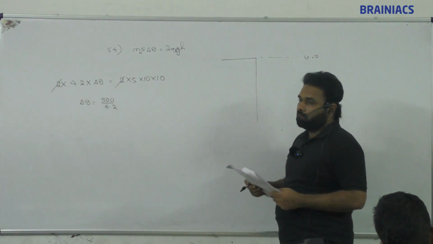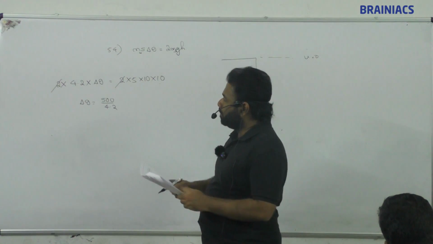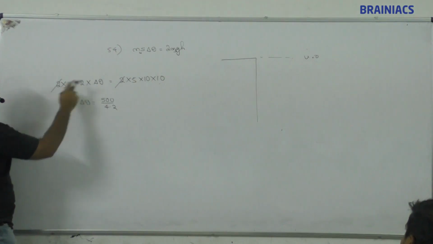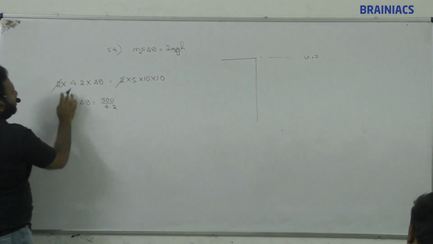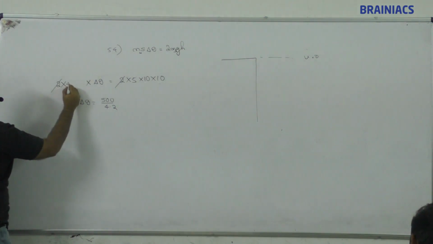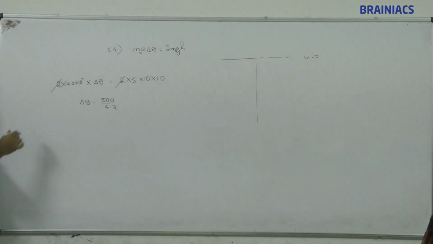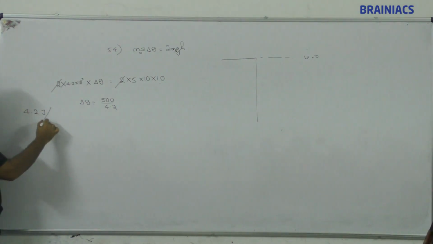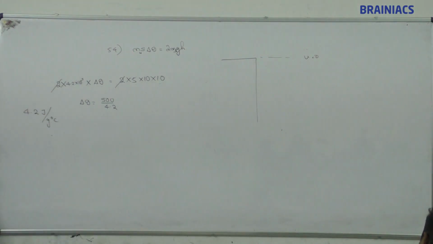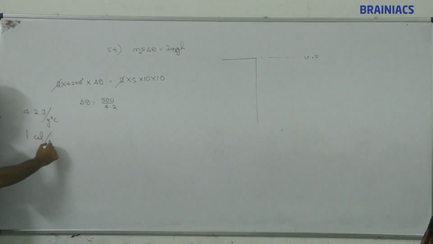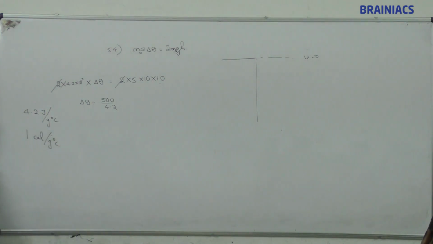How much? 4.2. Okay, this is for gram. So actually 10 raised to 3 is there. You need to multiply here 4.2 into 10 raised to 3. So this is 4.2 joule per gram per degree centigrade, the specific heat capacity. We need to convert this for kilogram.